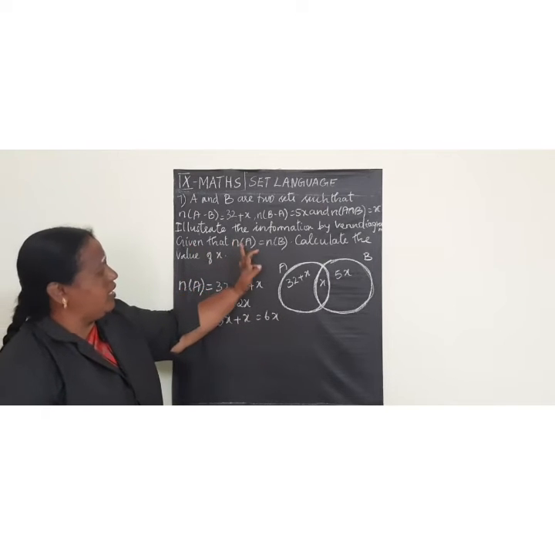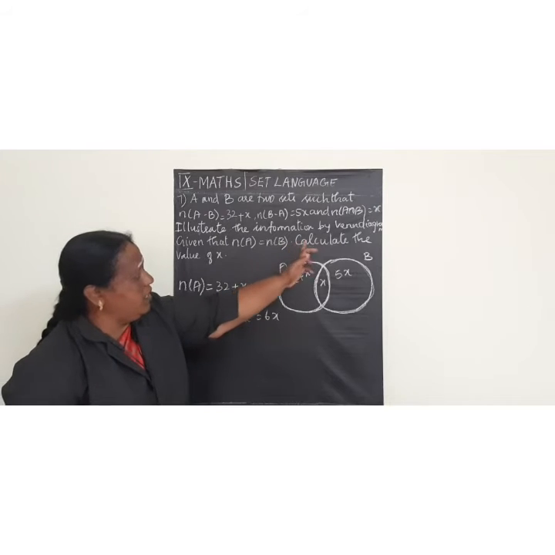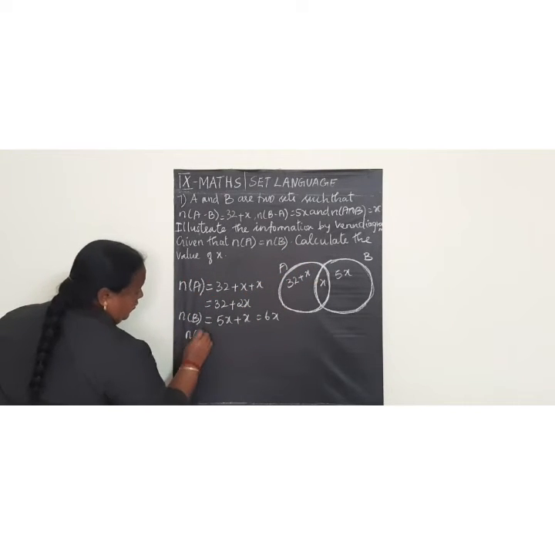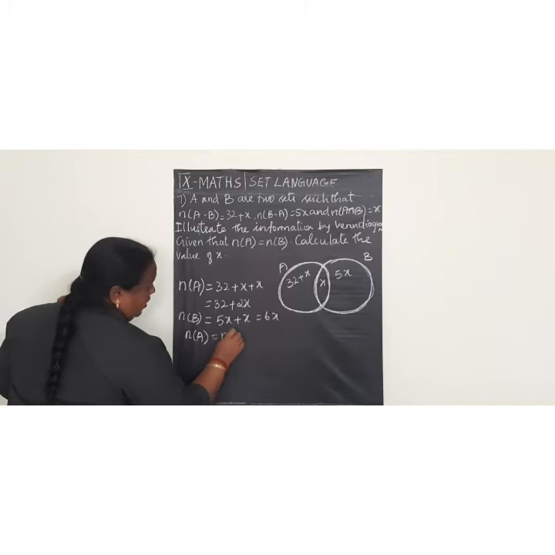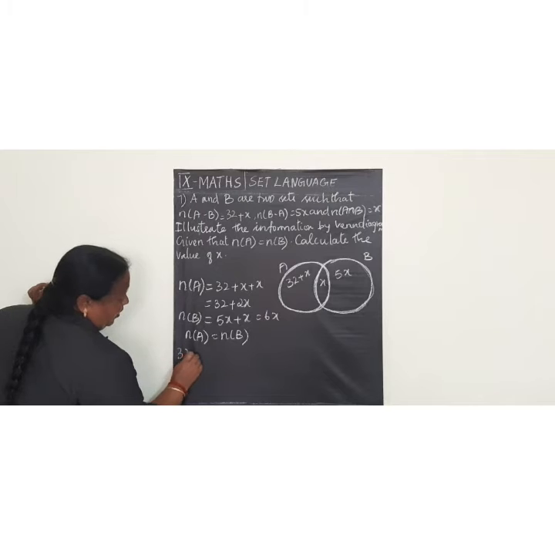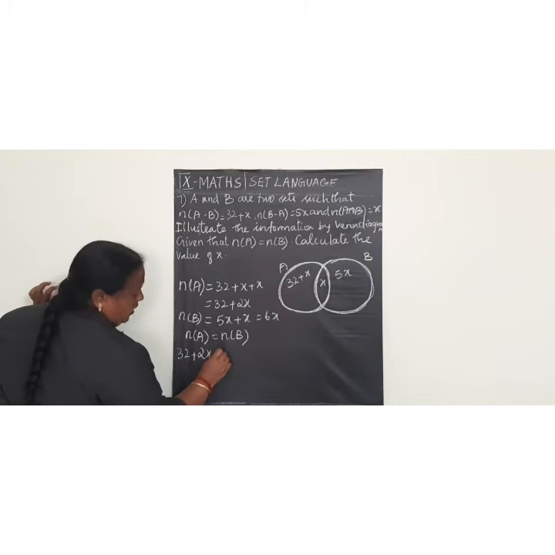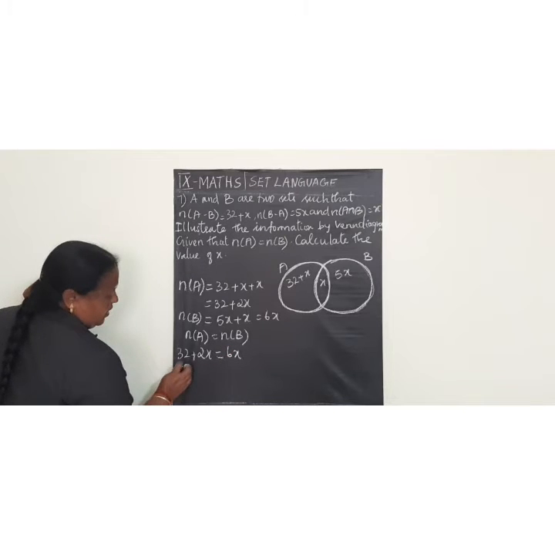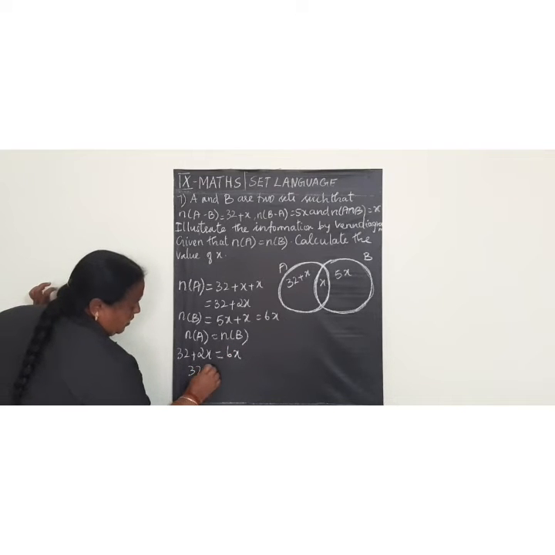Then they have given here n(A) is equal to n(B), then we have to find the value of x. So we found that n(A) is 32 + 2x, which is equal to n(B), 6x. Now bring the x terms to one side and numbers to one side. 32 is equal to 6x.